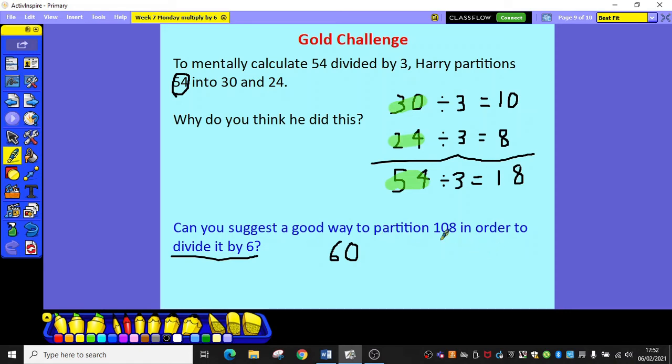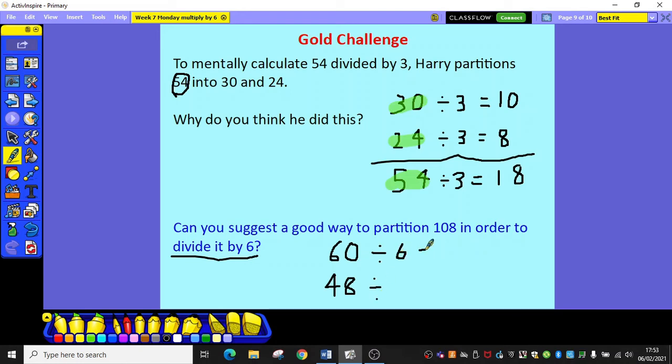So can you work out, please, if I subtract 60 from this, how much am I left with? How much do I add to 60 to get to 108? Well, I know that I add 40 to get to 100, so it must be 48. And I recognise that as a multiple of 6. So how many 6s go into 60?